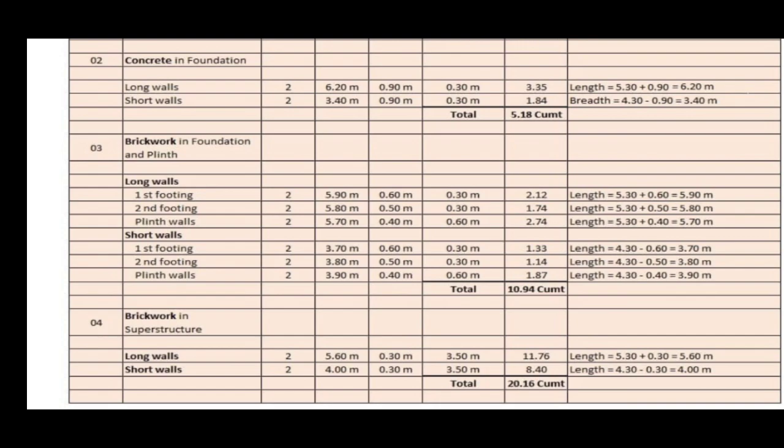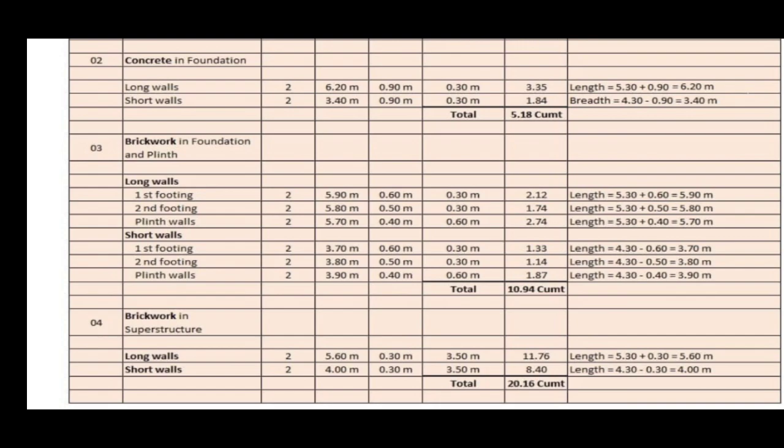The width of item or breadth is 0.3 meter, and total height of building, that is superstructure, is 3.5 meter in both cases, long wall and short wall.